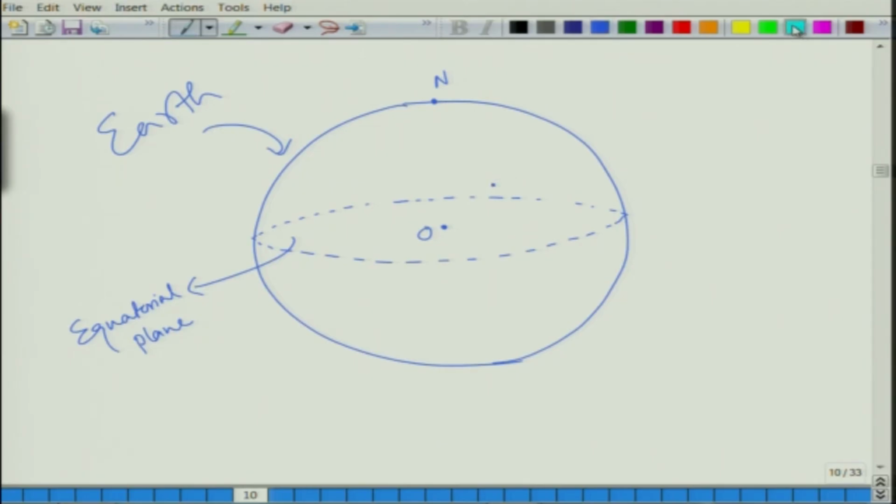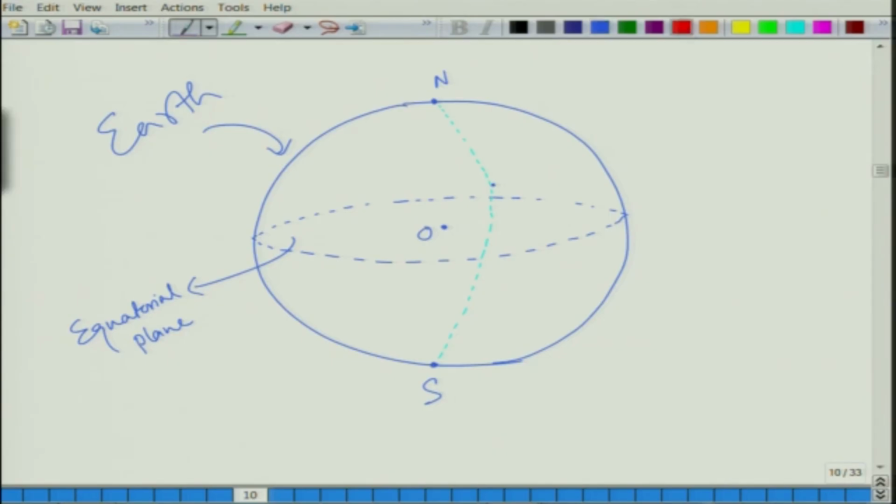Okay, let me use a different color. So, the meridian that goes through the observer location is this, right, and this will be south. Okay.